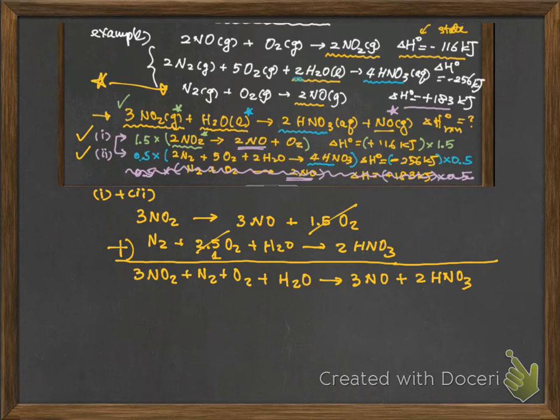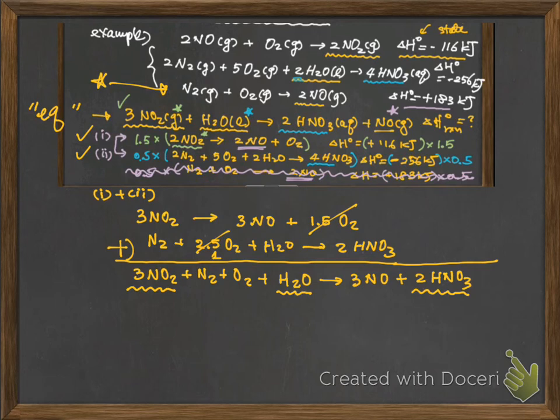So this is the equation of our interest, and it shows up as water. There's a water molecule there, that's fine, and 3NO2, and this one shown up, and we want to have only one NO on the other side.